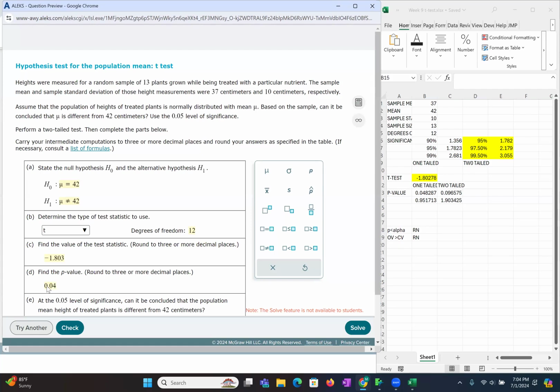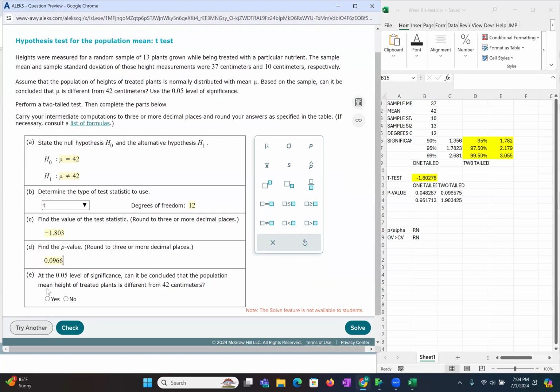It's two-tailed, so wouldn't it be 0.9? 0.965. Shall we say 0.966? Great job. What's the conclusion?